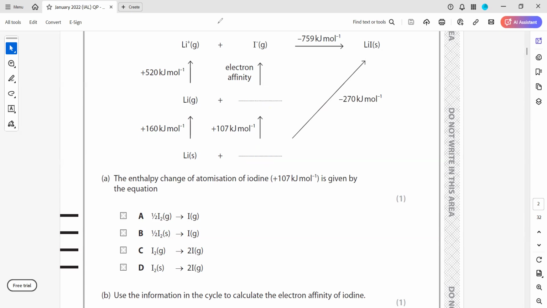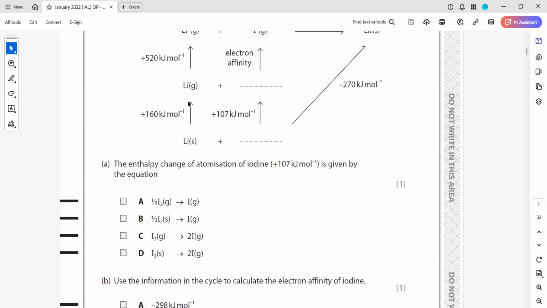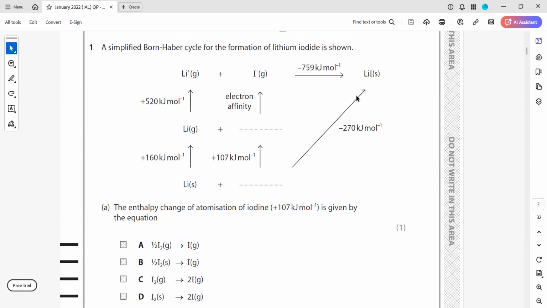Next, use the information in the cycle to calculate the electron affinity of iodine. How can we calculate the affinity of iodine? This is unknown. Here we will have iodine solid, and here we have iodine gas.